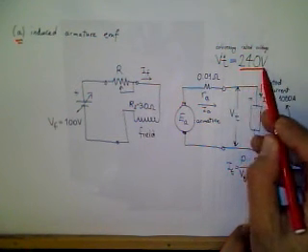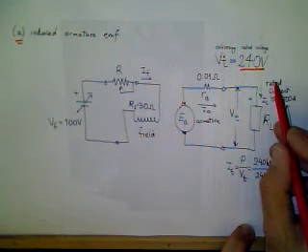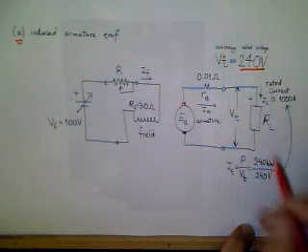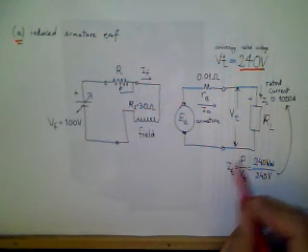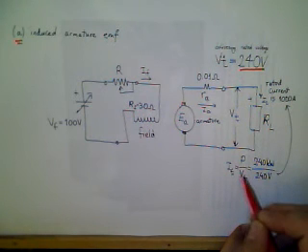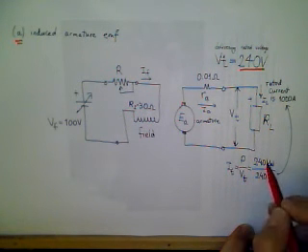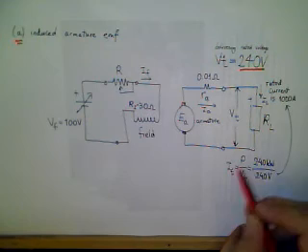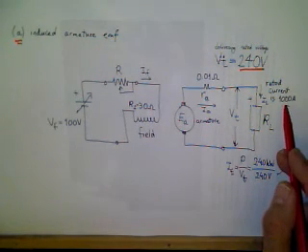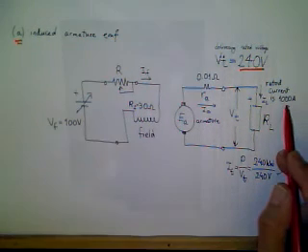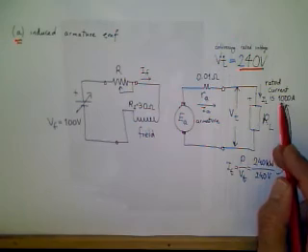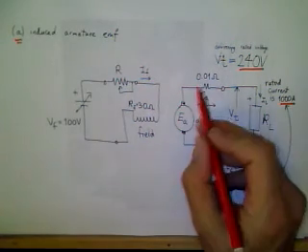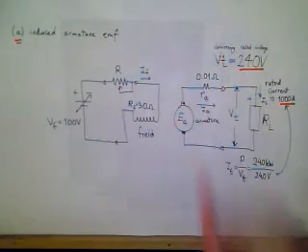Terminal voltage is 240 volts. Rated current is 1000 amperes. How did we find this? We found it from the formula of power. We know the rated values, so rated current can be calculated as 1000 amperes. There is a voltage drop across this resistor.